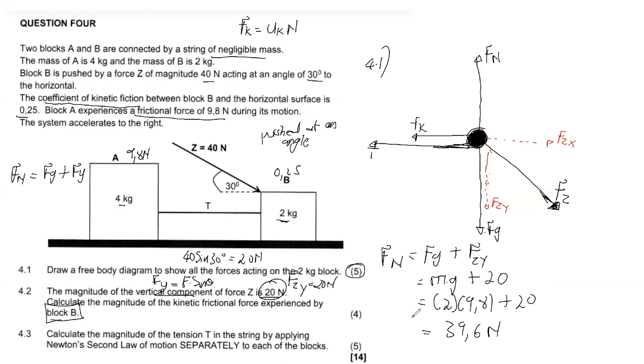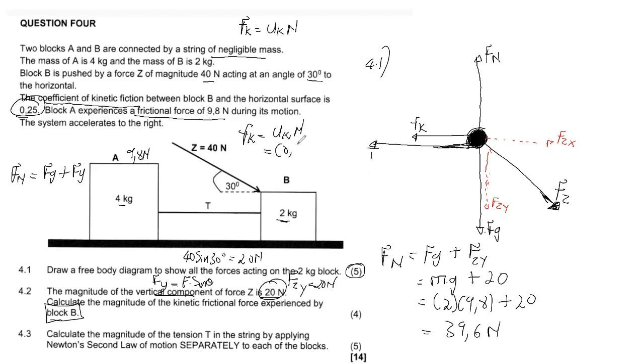We are looking for the kinetic frictional force, right? So to calculate the kinetic frictional force, we can go ahead and use the formula above. Fk is equal to mu k multiplied by n. We are given the coefficient, it's 0.25.